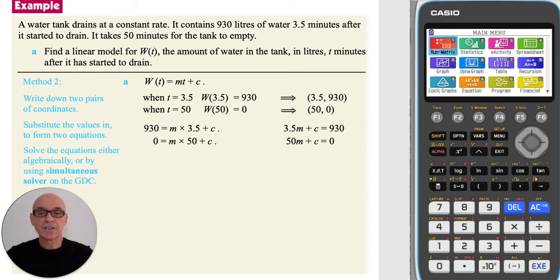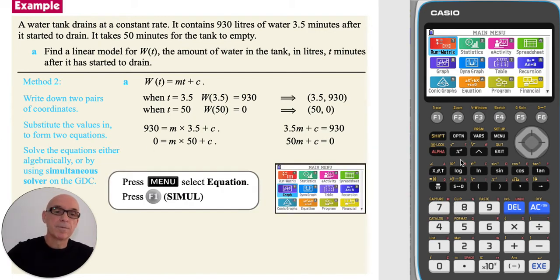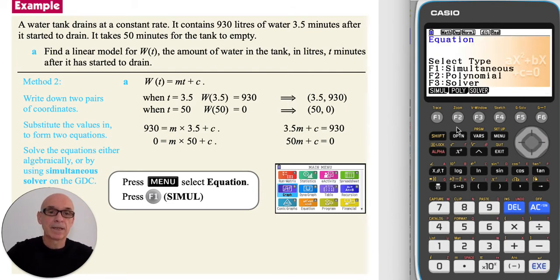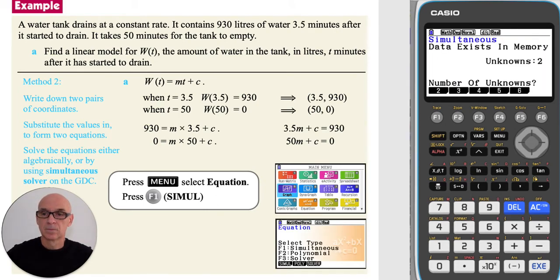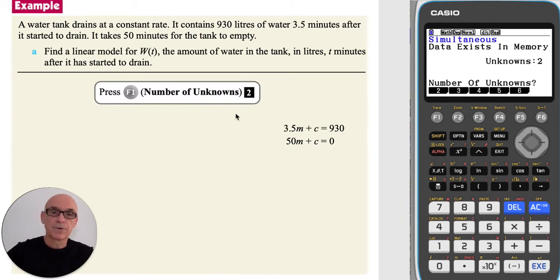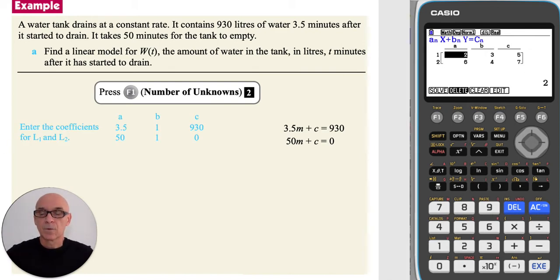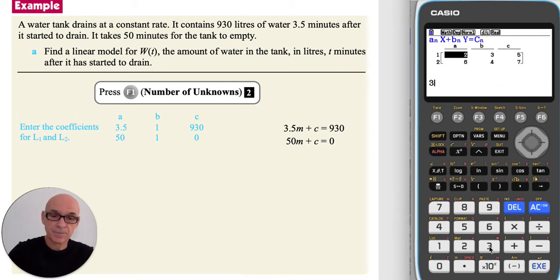We can either solve the simultaneous equations algebraically or by using the simultaneous equation solver on the calculator. From the main menu, we select Equation and then press F1 for simultaneous equations. Pressing F1 again for two unknowns, we can now enter the coefficients for the two lines. For the first line, it was 3.5, 1 and 930.